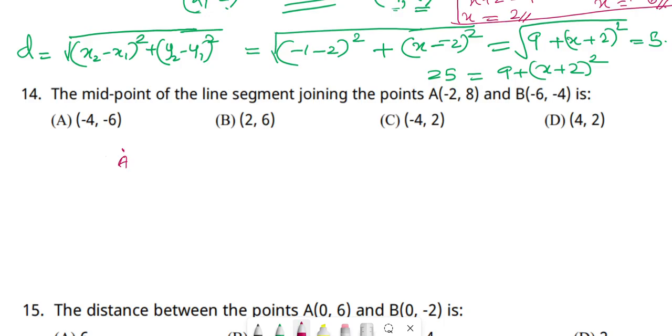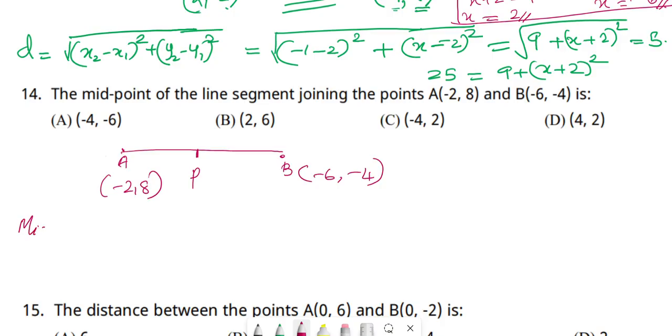The point A we can consider as (-2, 8), and the point B is (-6, -4), and for the midpoint of the line joining the points, we have to use the midpoint formula.